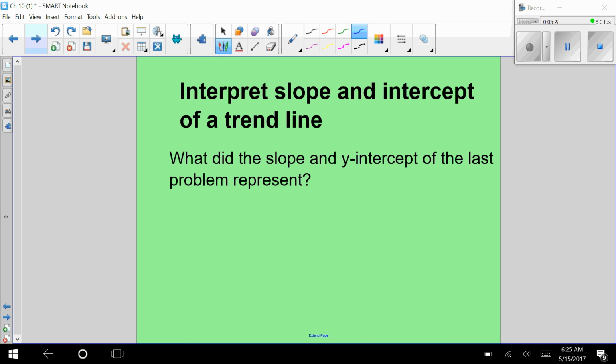We're going to interpret the slope and the intercept of that trend line. Our slope, I'm going to change it to a decimal for this one. It was 125 over 3. I'm going to change that to 41.6 repeating.